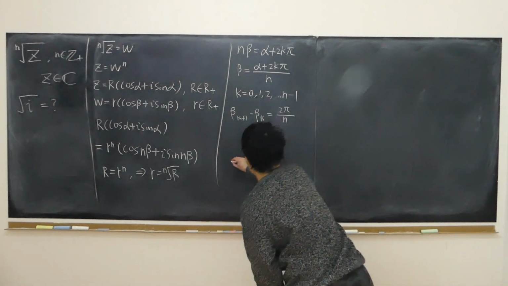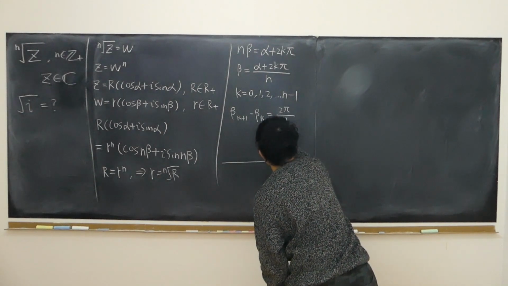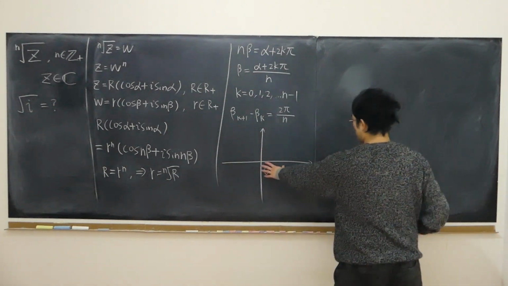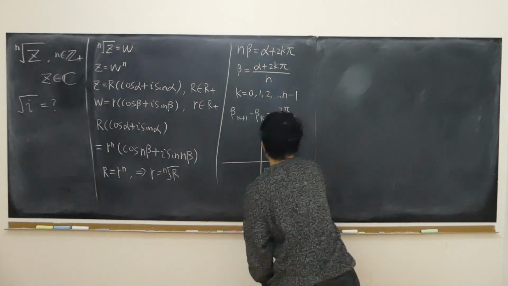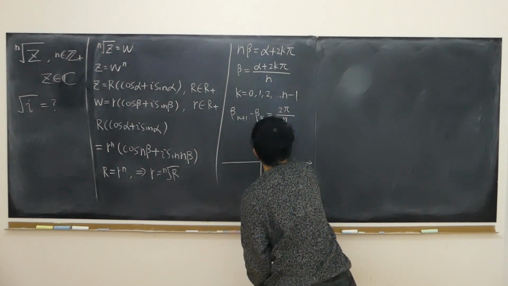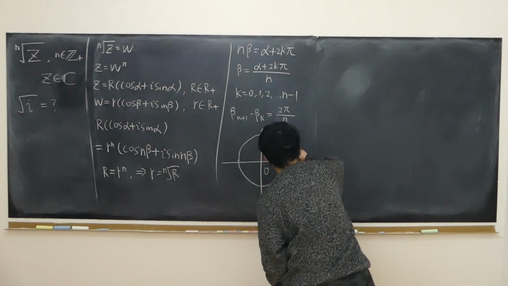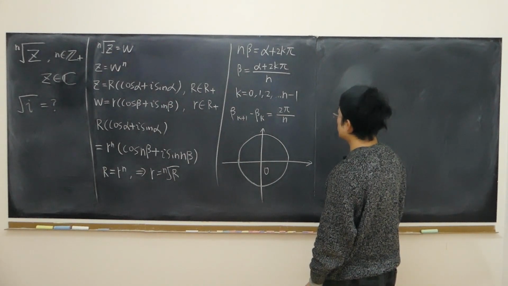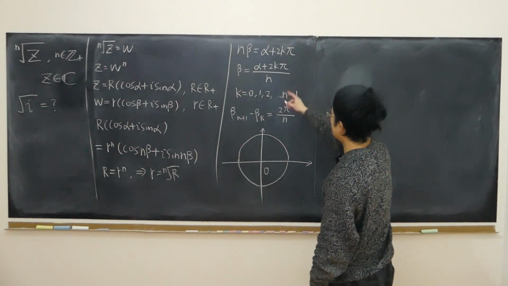So we have, for example, this origin, real part, imaginary part. This is our circle. For example, our first root, when k is equal to 0, has angle alpha over n.